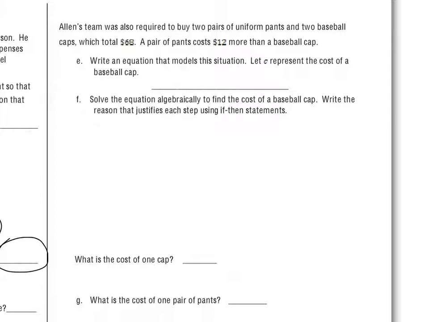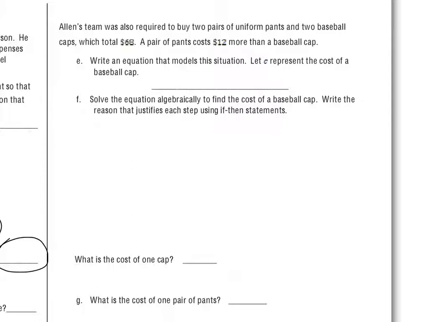So looking at this one, it says Alan's team is also required to buy 2 pairs of uniform pants and 2 baseball caps, which total $68. A pair of pants costs $12 more than a baseball cap. Alright, so this one's definitely going to take a hint here.